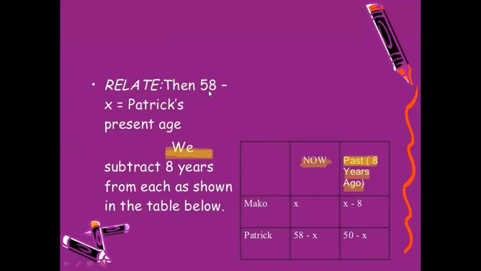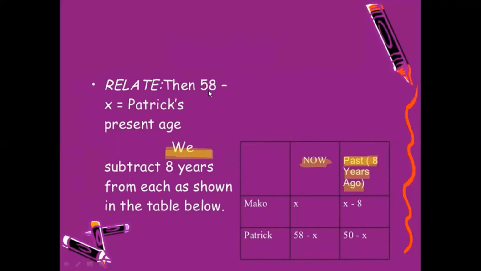Why are we subtracting X from 58? Because Patrick and Marco's summed up age is 58. They are making the years all together 58.